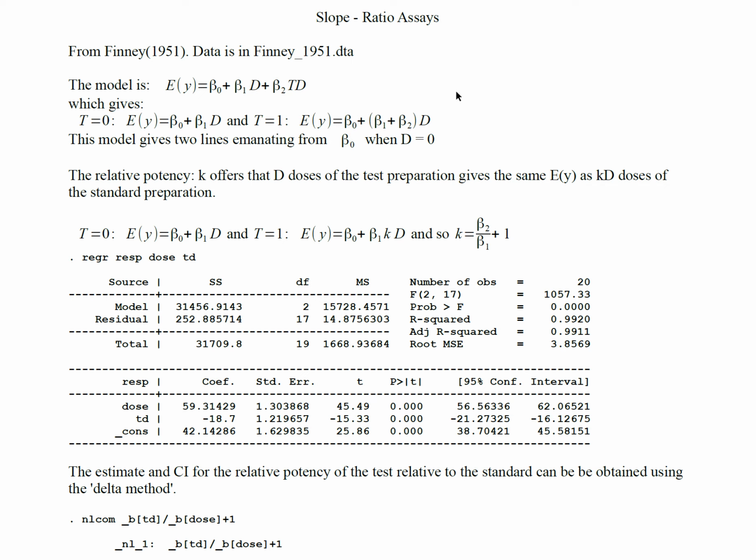So notice here that B2 is the difference between the slopes. But B0 is here the assumed common intercept. In other words, this model is going to give us two lines of different slopes, but emanating from the same place when the dosage is 0.